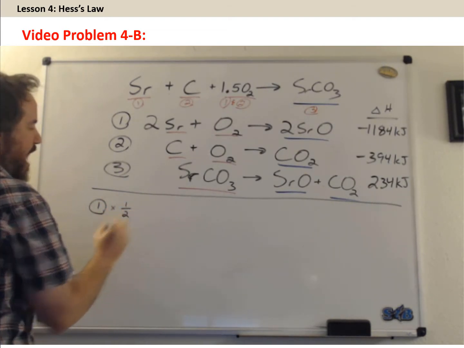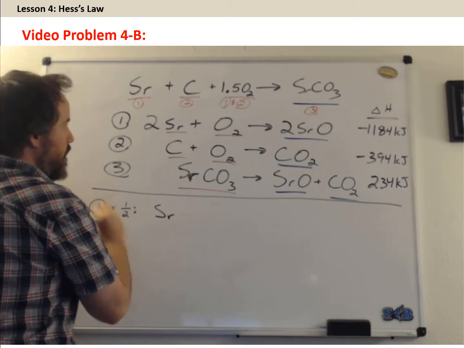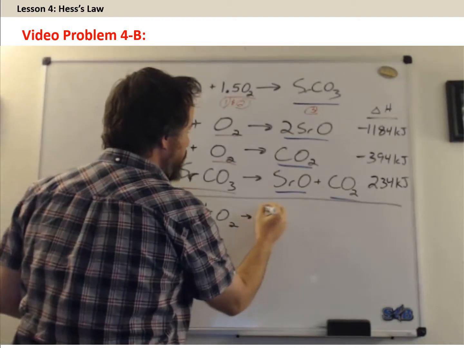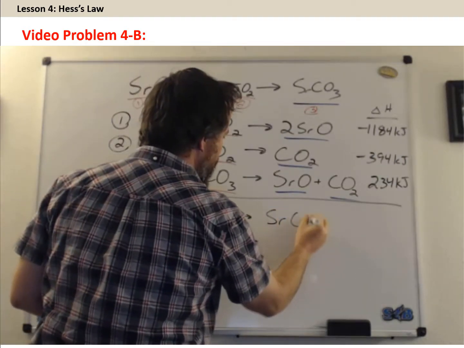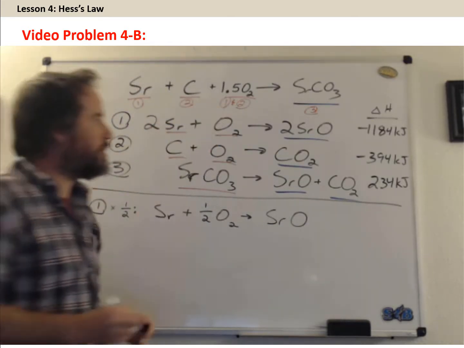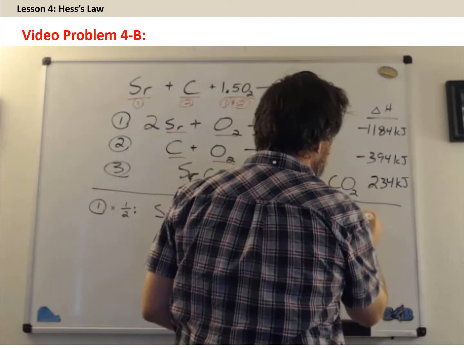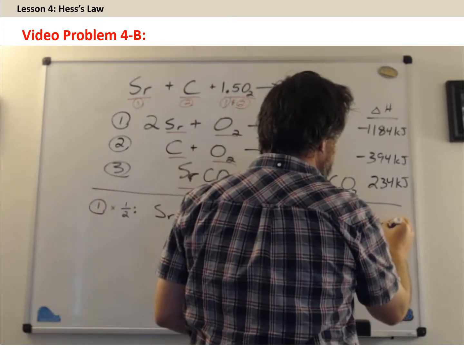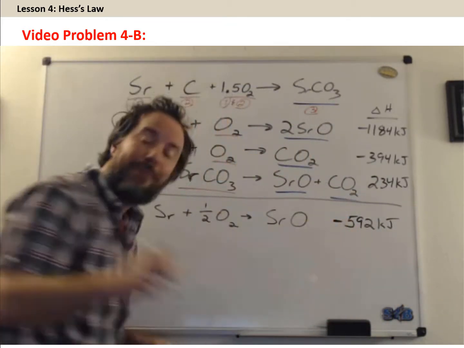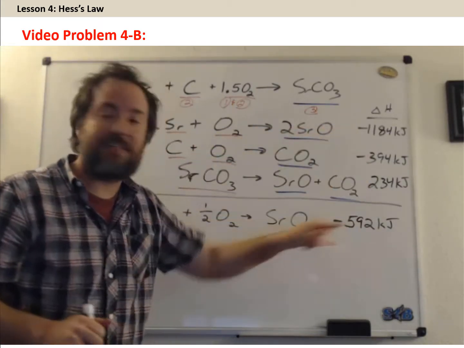So that gets me strontium plus half O2 goes to form SrO. So my delta H also halves. That would be negative 592 kilojoules. Be careful with those negative signs, right? I didn't flip it, so it was negative and still negative.